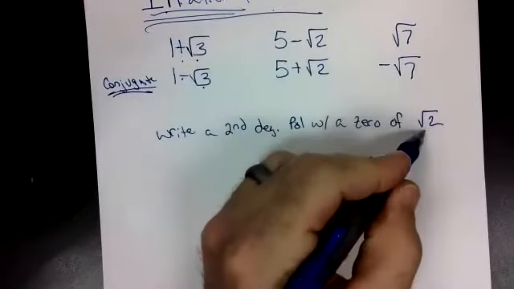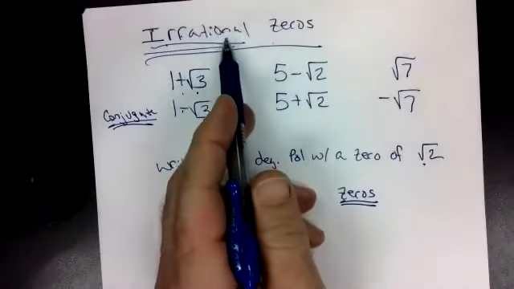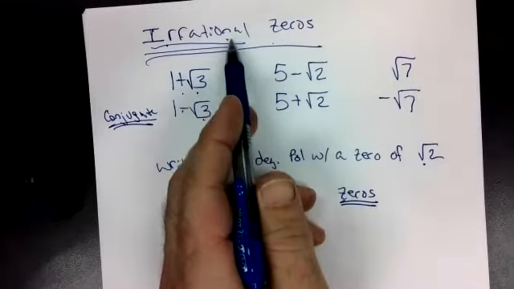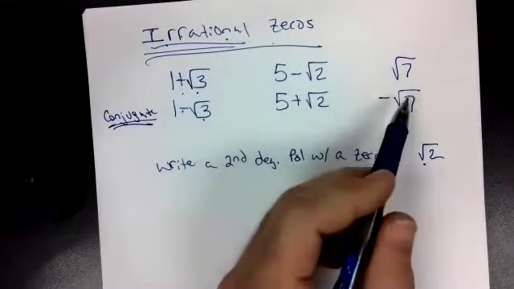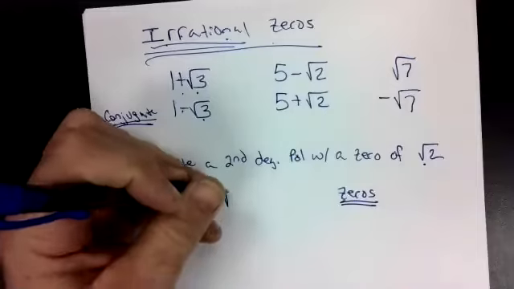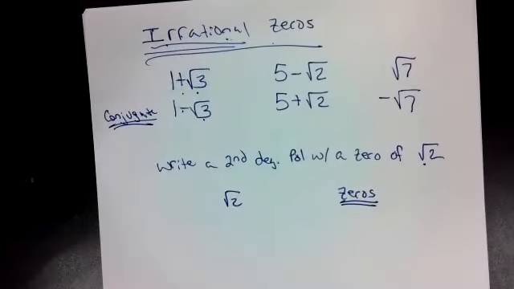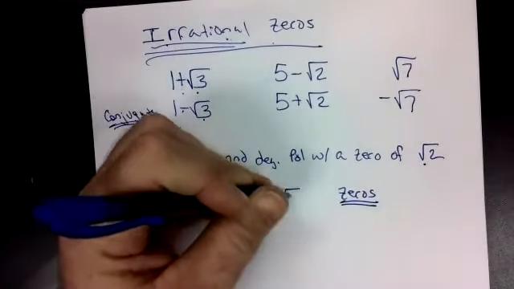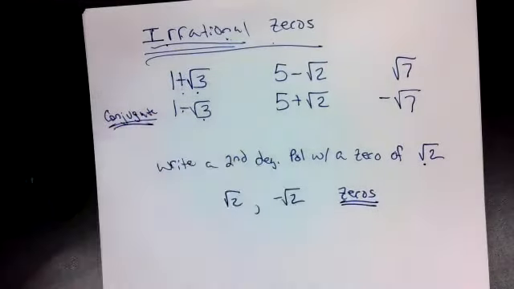And the fact that this is a square root tells me this is irrational. And because it's irrational, it's going to come in a pair. So if square root of 2 is a 0, so is negative square root 2. So again, any kind of square root is going to come as a pair.